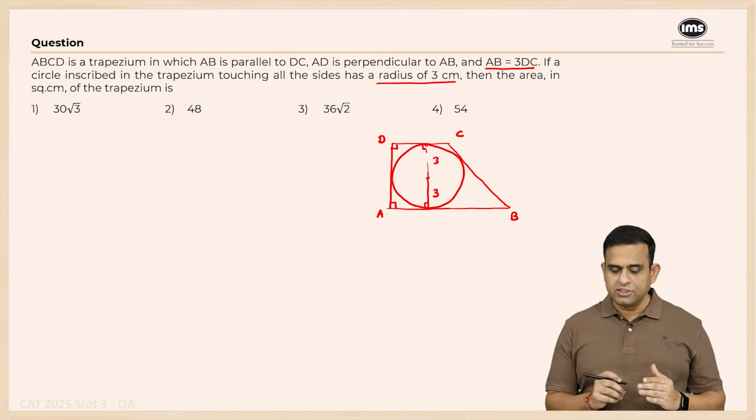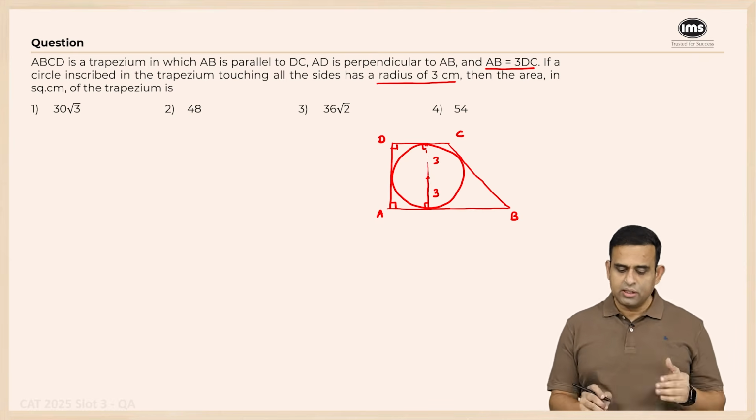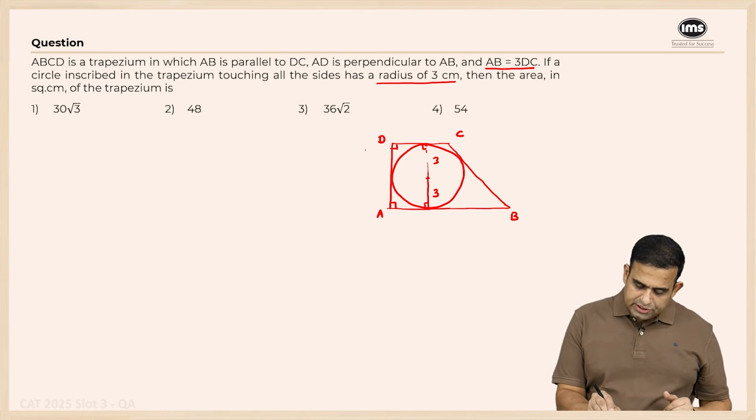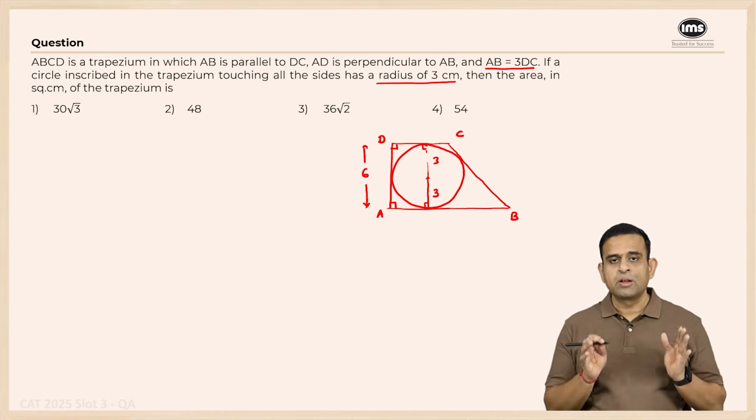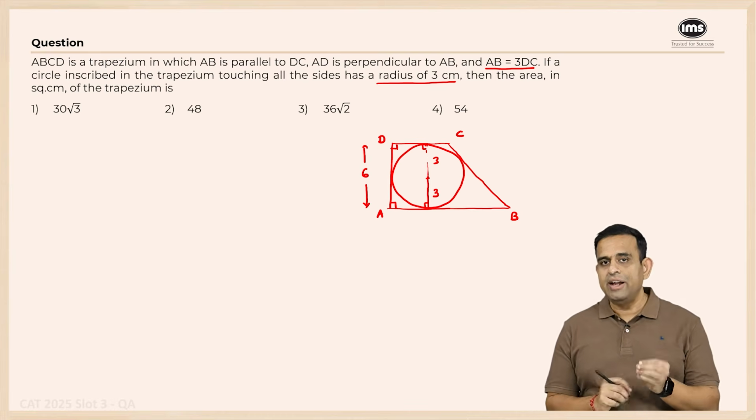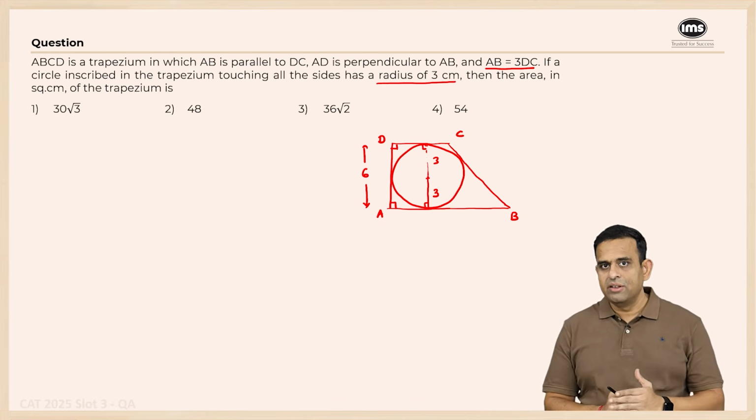So if someone asks you the distance between the 2 parallel sides, the simple answer would be 3 plus 3, or simply 6. So 6 represents the height of the trapezium.